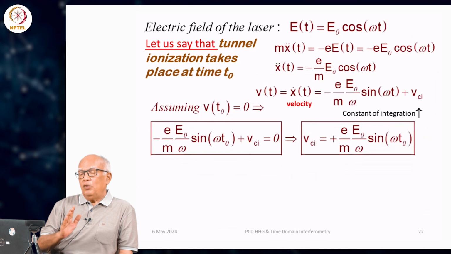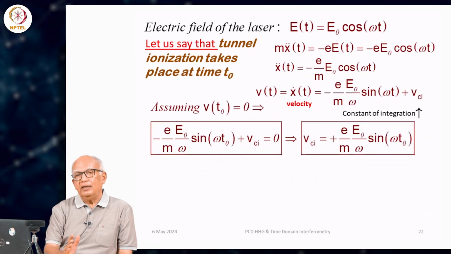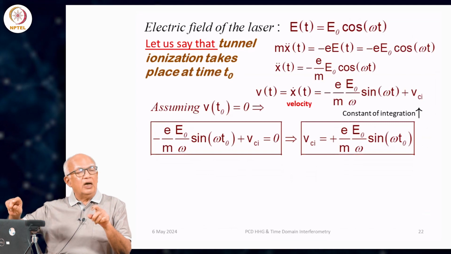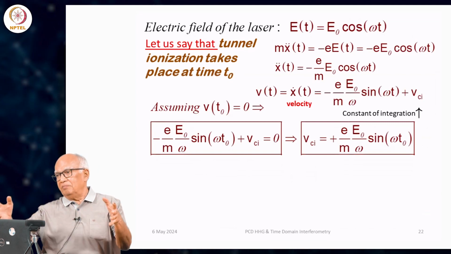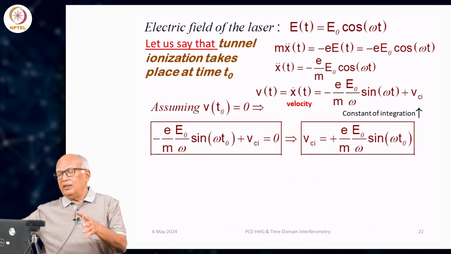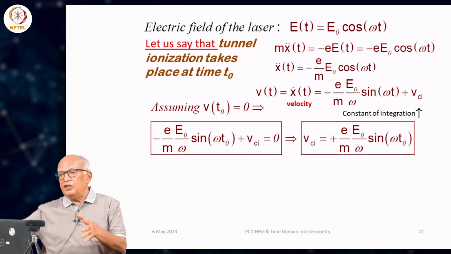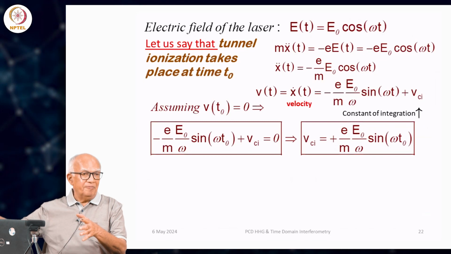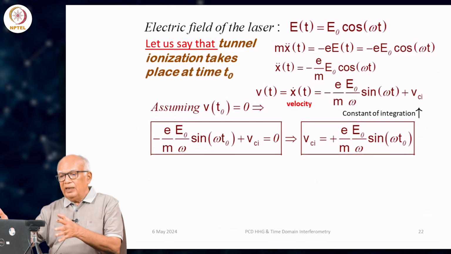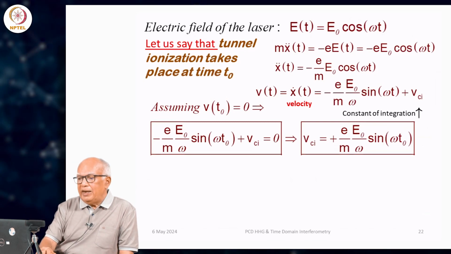So t0 is the instant at which tunneling takes place, and at this speed the electron comes out, let us say with practically no speed, it is just out. It is going to gain speed and energy because of its interaction with the laser, that is a different thing, but when it comes out, it comes out with practically 0 speed.